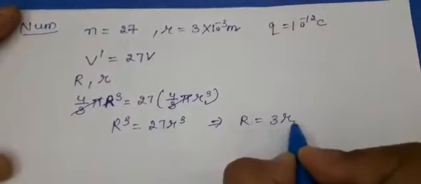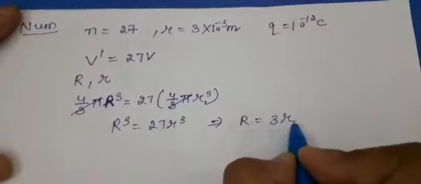Now we have calculated the radius from the volume, and we have to find the capacitance and potential.